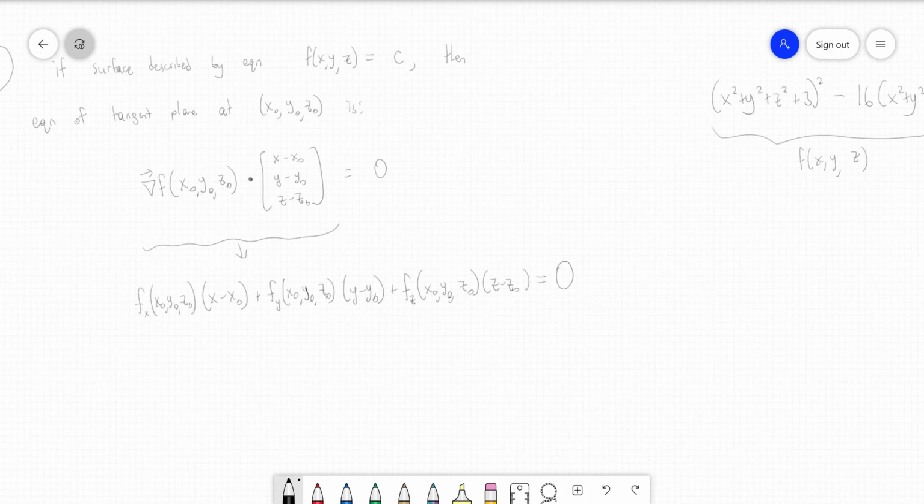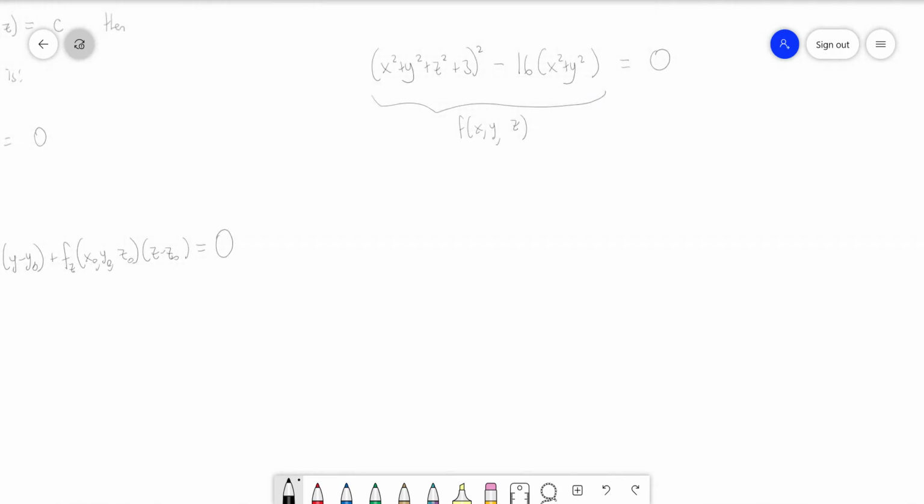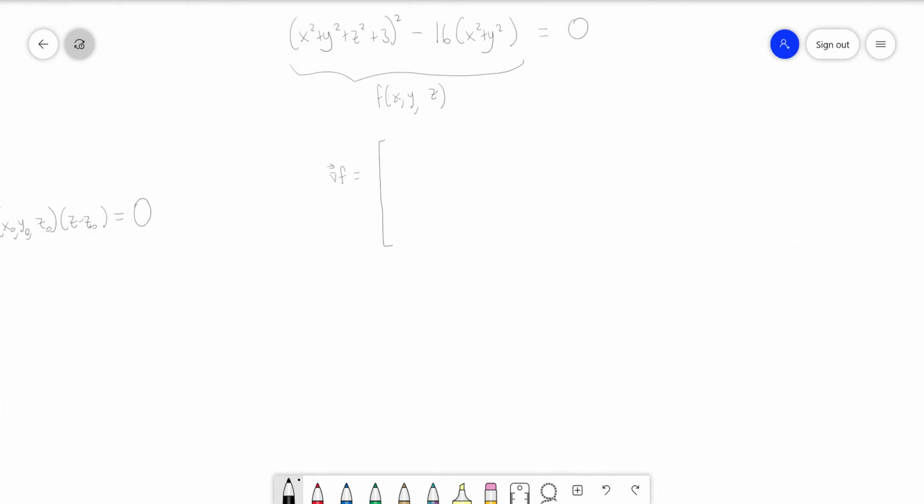So now that I've done that, for this function on the left-hand side, I need to compute its gradient in order to get the tangent plane. So I need the partials with respect to x, y, and z. Let's do the partial with respect to x first.